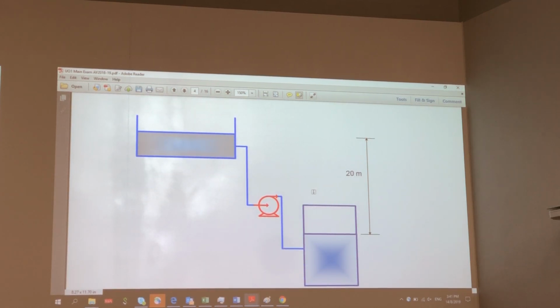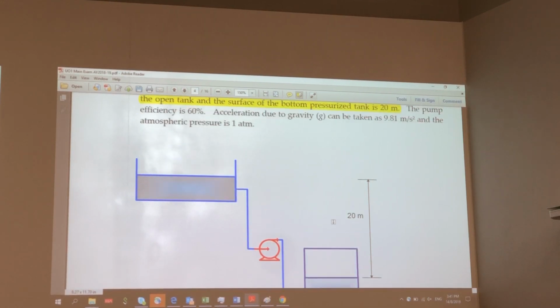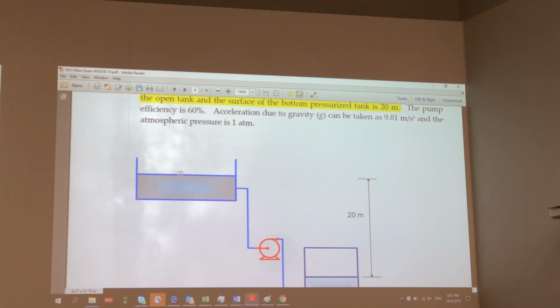Do you have a sudden expansion? Yes. From a pipe into a tank will be a sudden expansion. So you will have these two. One more thing. What will be the velocity at this point and this point?